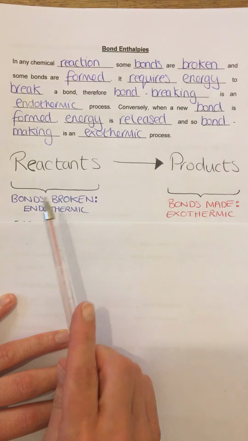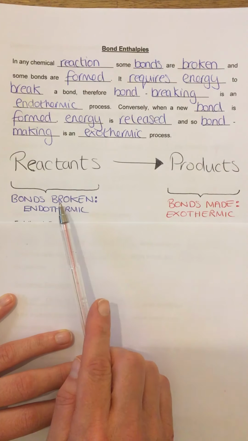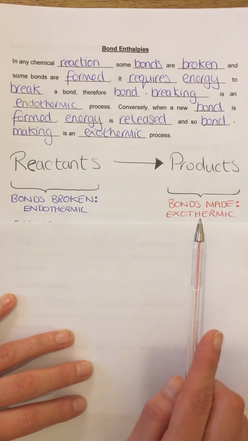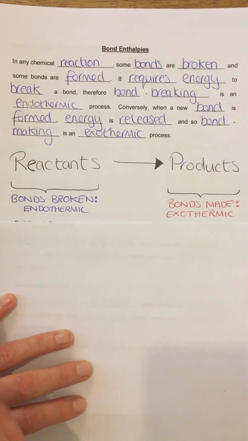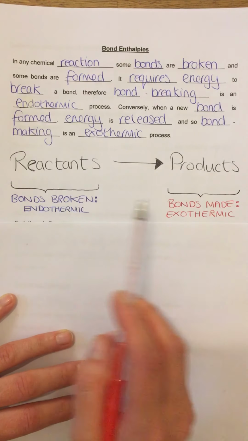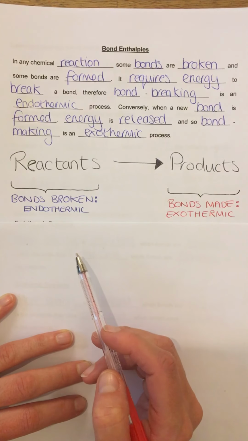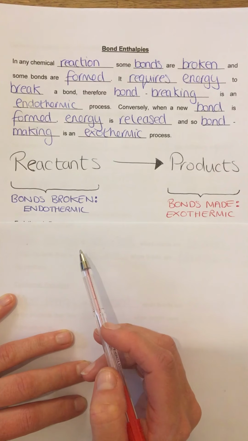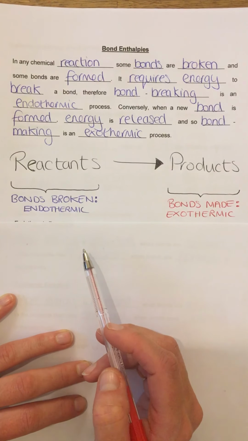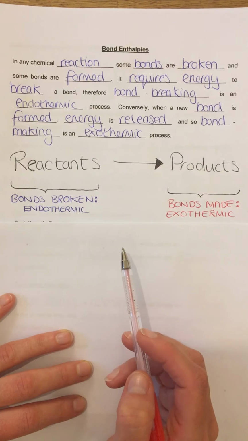Now it's a bit strange to think that in a reaction we've got both endothermic and exothermic processes happening, but we have. But we already know that reactions are either exothermic or endothermic. We don't classify them as both. If a reaction gives out heat, then it's exothermic. And if it takes in heat, the temperature drops around it, then we would say it's endothermic.